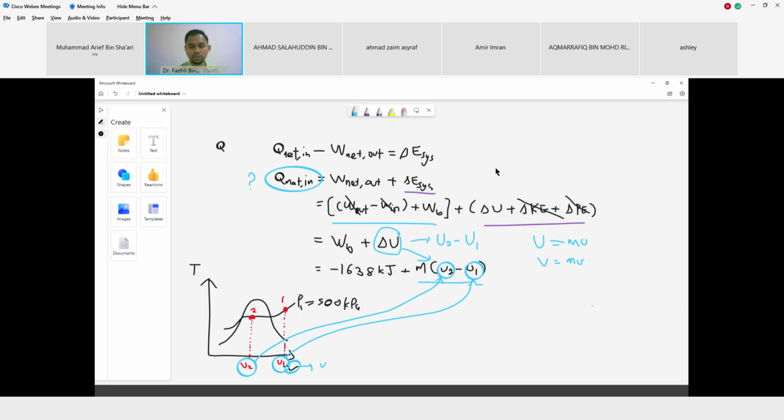Macam mana nak cari U1 dan U2? We have done a lot of exercises before this. So in tutorial number 2 pun kita dah belajar kan, how to determine properties for saturated liquid vapor mixture, and then how to determine the properties for superheated vapor. Yang ini kita dah belajar di tutorial 1, tutorial 2.